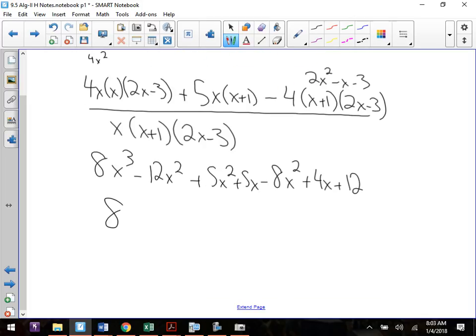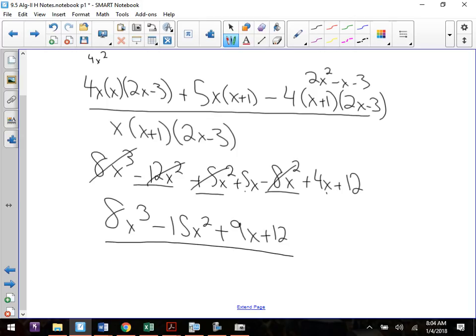I have an 8x cubed, negative 12, negative 20, negative 15. 5 and 4 is 9. All over. And once again, it just looks a lot worse than what it was. Vertical asymptotes on that one. 0, good. Negative 1.